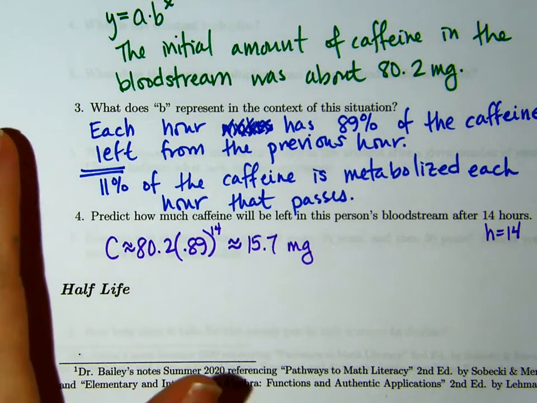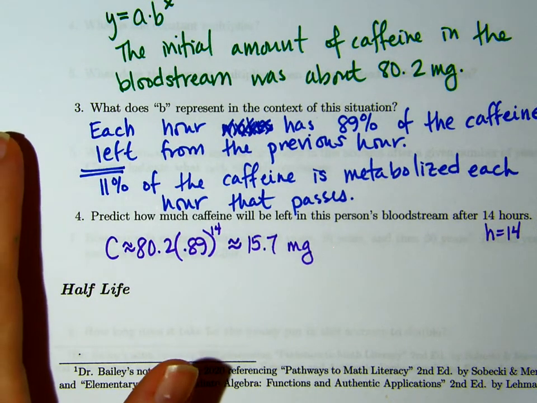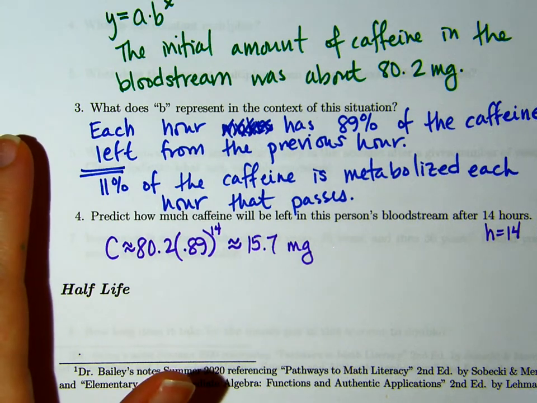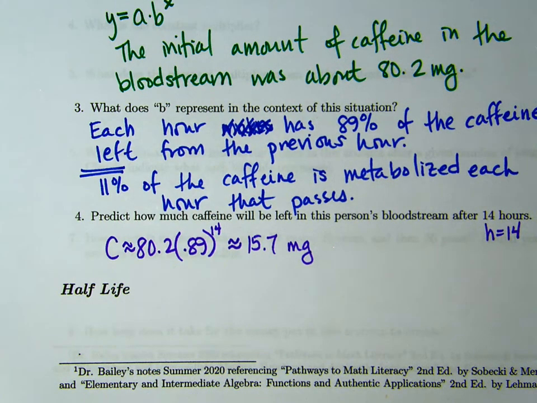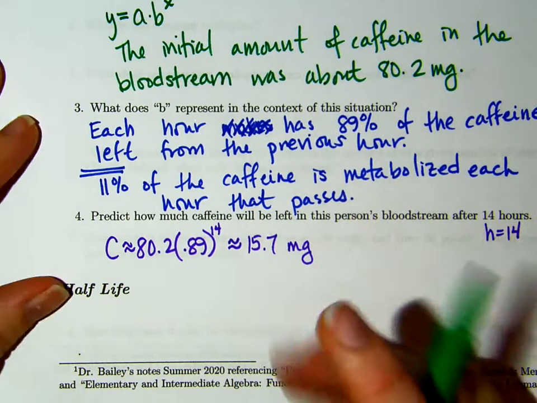Half-life. Okay, so let's jot down what this word means. A half-life is how long it takes for something to decay to half of what it started as.